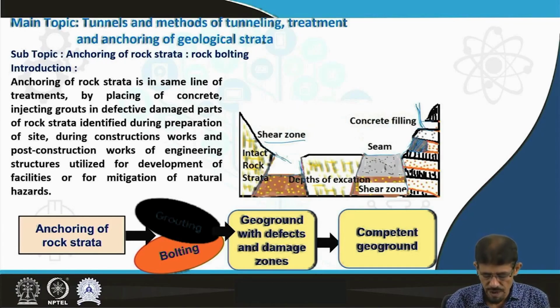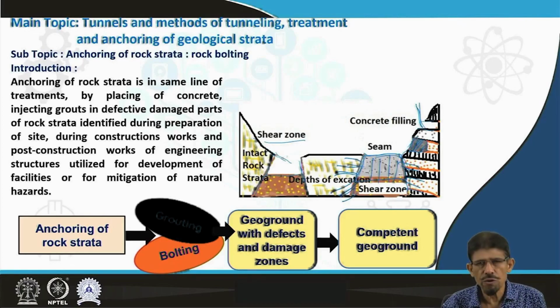So first we are going to remove the weak material step by step, then fill or inject grout inside the excavated zone so that the inserted grout can reach all the roots associated with the fault zone or shear zone.